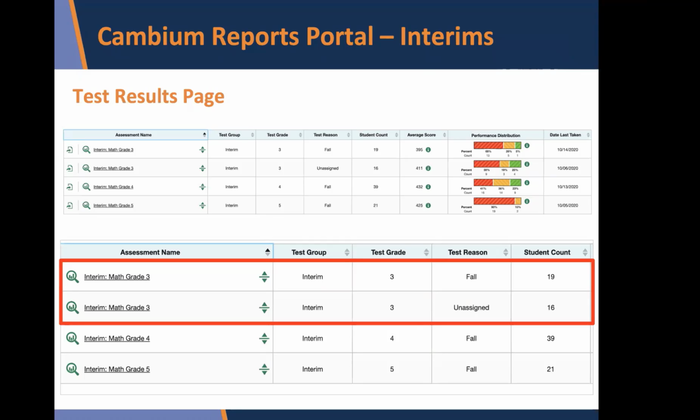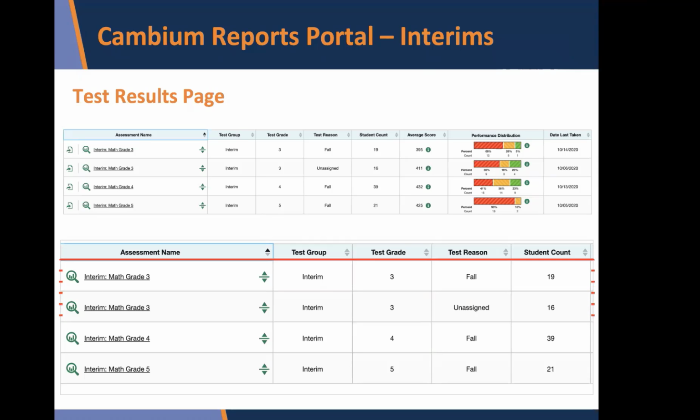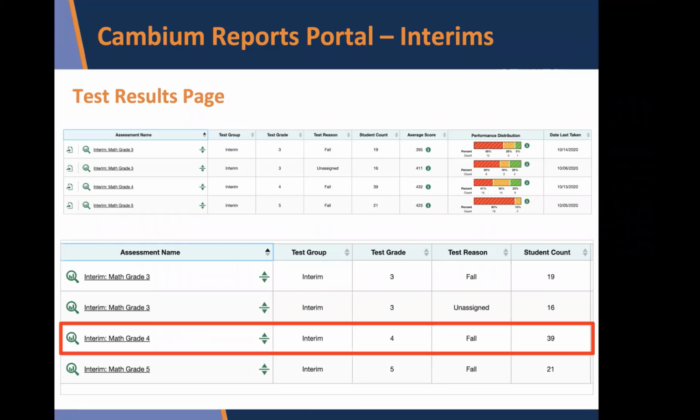So I can't really view in the system both of those classes together or those sections together. So that was the reason for the test reason. You can download reports and get them into Excel and be able to kind of view everything together, but that was one of the reasons why we had recommended the test reason be the same.